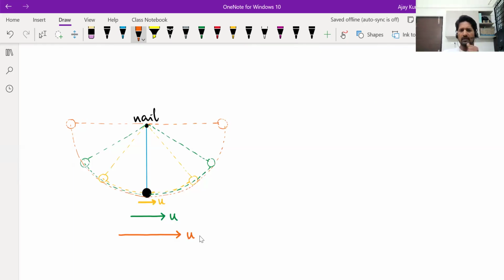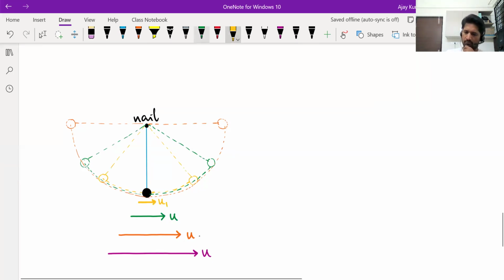What if you give a little more velocity than this? The third case, it's able to swing to the horizontal position and come back. What if you gave it some more velocity when it is at the bottommost position? Pawan, what will happen?